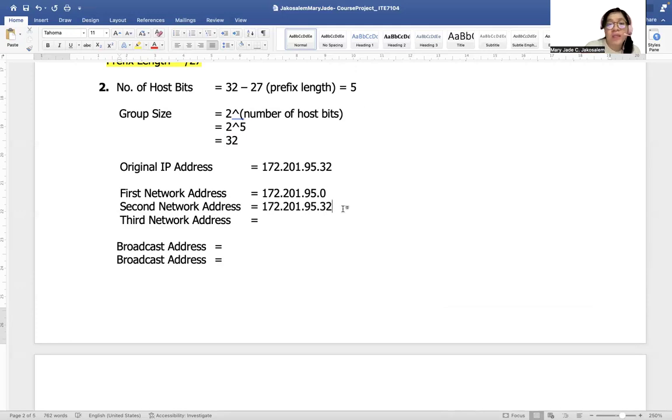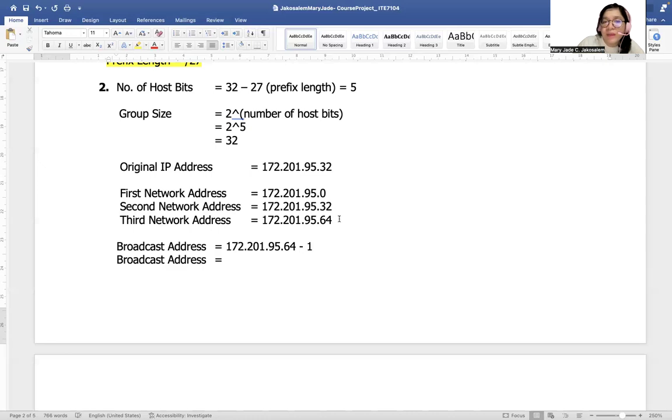Is 32 greater than 32? It's not. It's equal. So we still have to derive one more network address. Again, 32 plus another 32 is 64. We stop there because this time, 64 is greater than 32. Then the broadcast address is 64 minus 1.